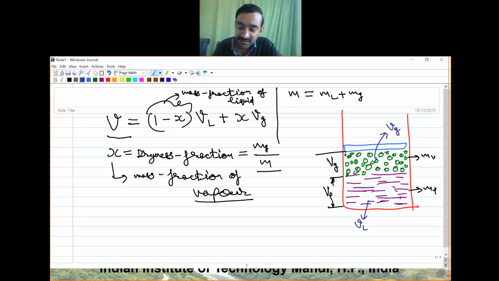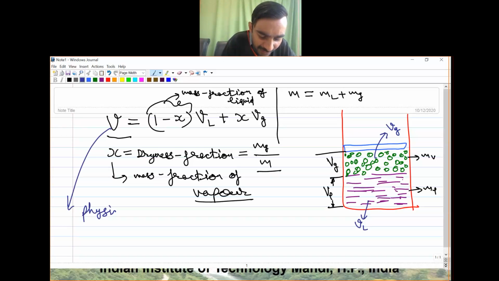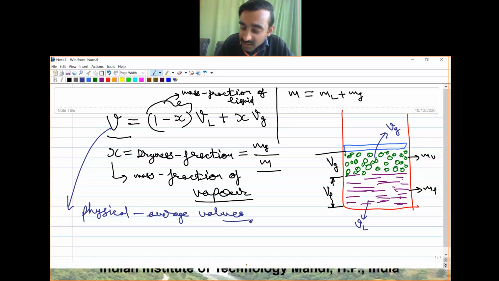So we do not have any physical average value representative of specific volume. If I say V is my weighted average specific volume, I cannot say that everywhere within the system the specific volume is V. That is something I cannot say.